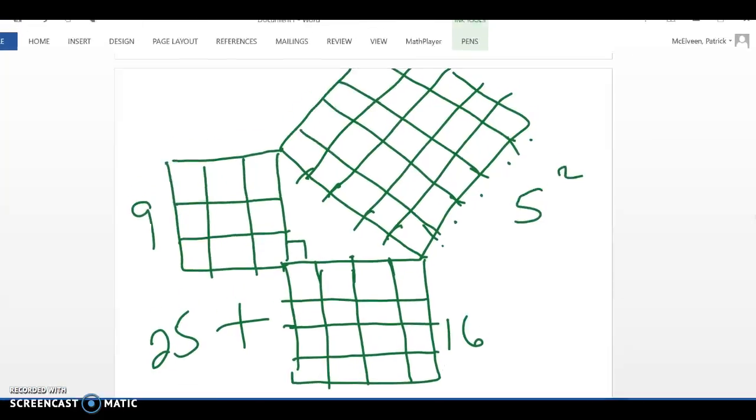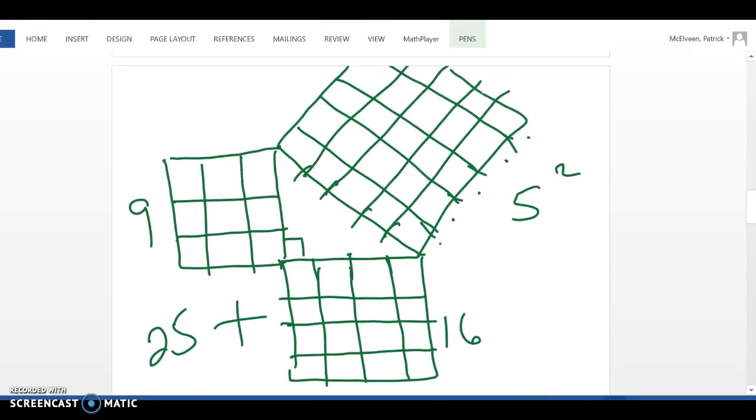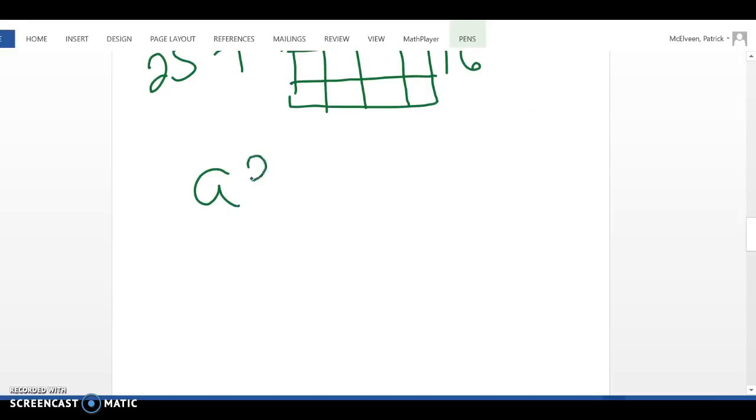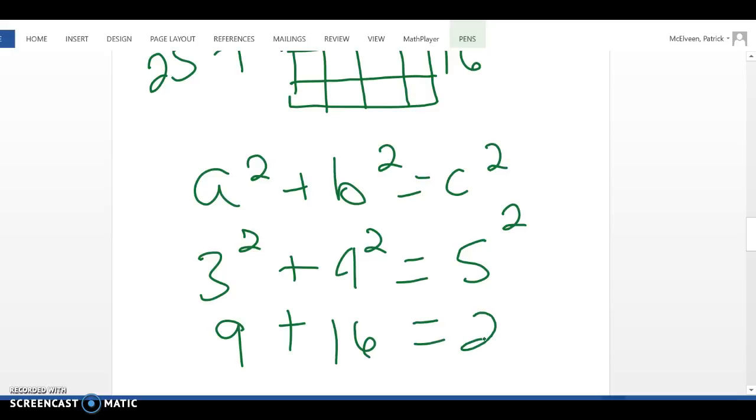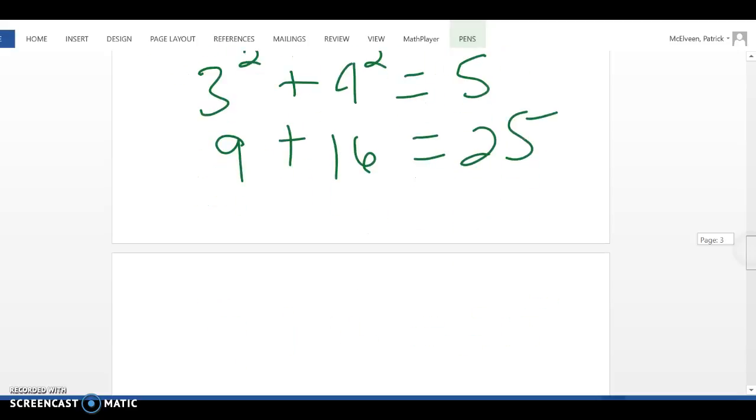And that takes us to our formula, a squared plus b squared equals c squared. Because if we take 3 and square it, and we take 4 and square it, that will equal 5 squared. Nine plus 16 equals 25, and we know that's true because 9 plus 16 is 25.